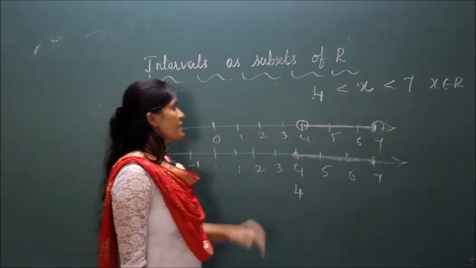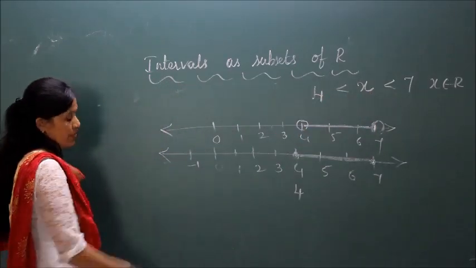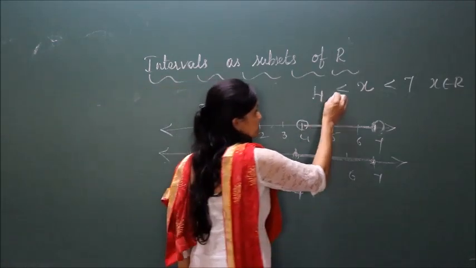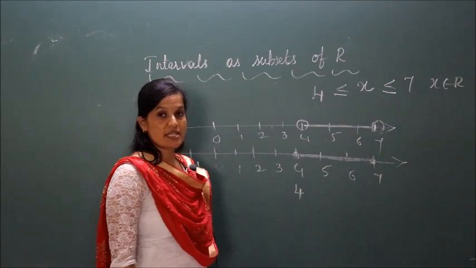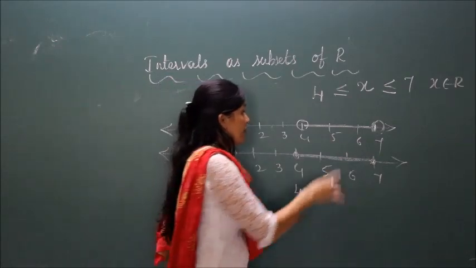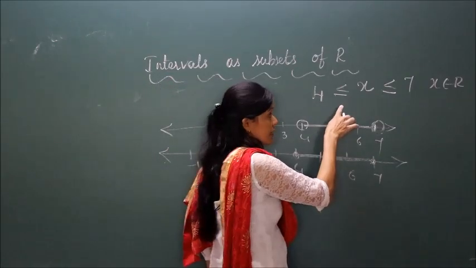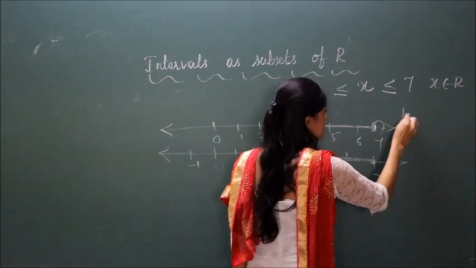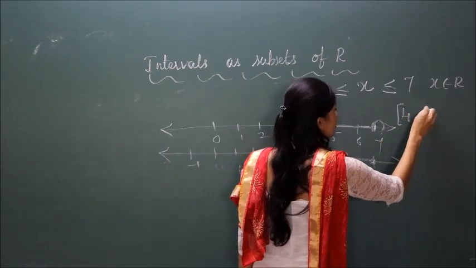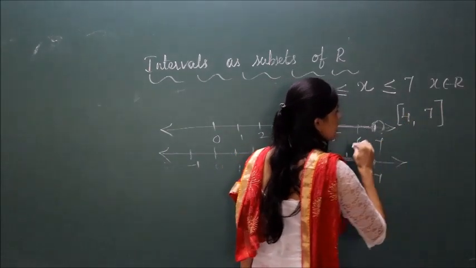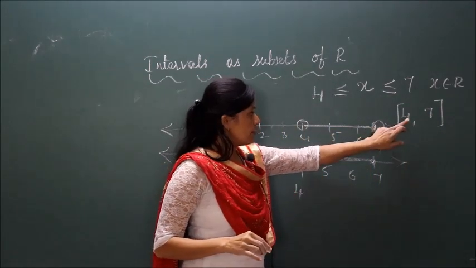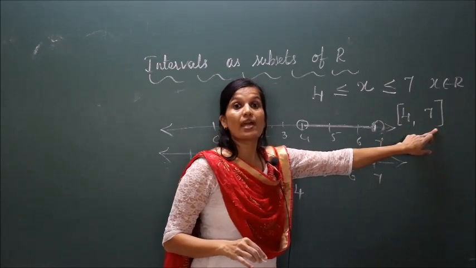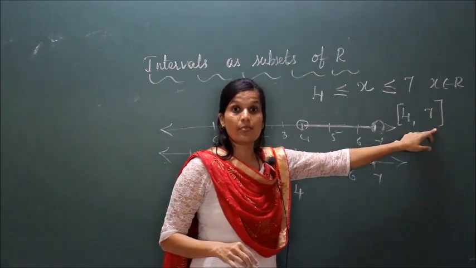So when I write this interval, the same example I take, the first example: x is greater than or equal to 4, less than or equal to 7. I can write this in terms of an interval as [4,7]. See here, the numbers have to be written within the square brackets.